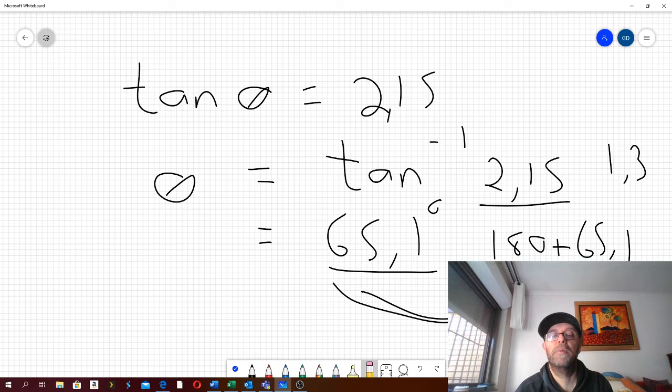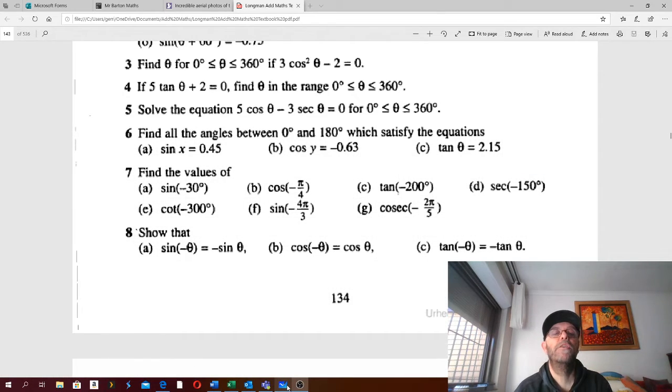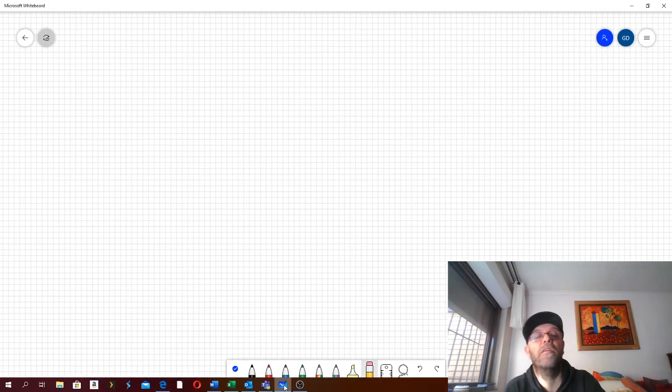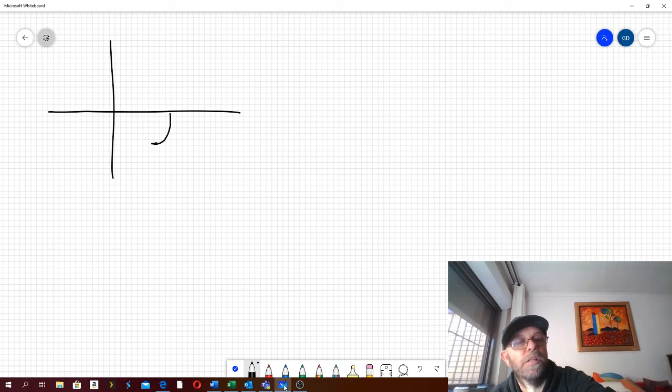Okie dokes. I'm going to go a little bit further now and look at some of these ones with the negative angles, and let's see how we're going to approach those. So look at number 7 now. The angles here are given as negative ratios. So they want sine of minus 30. Now remember, with a negative angle on our Cartesian plane, if I'm going negative, I'm going backwards, not forwards.